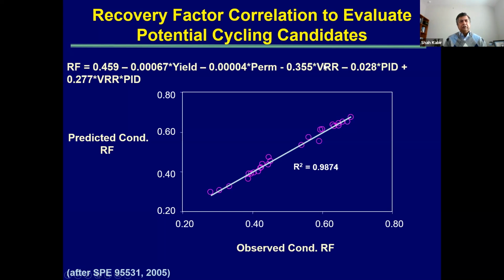So these are the two things. It's the voidage replacement ratio. To what extent are you replacing 30% of the voidage, or 50% or 100%? That matters. And the producer to injector distance, PID. So that also matters.